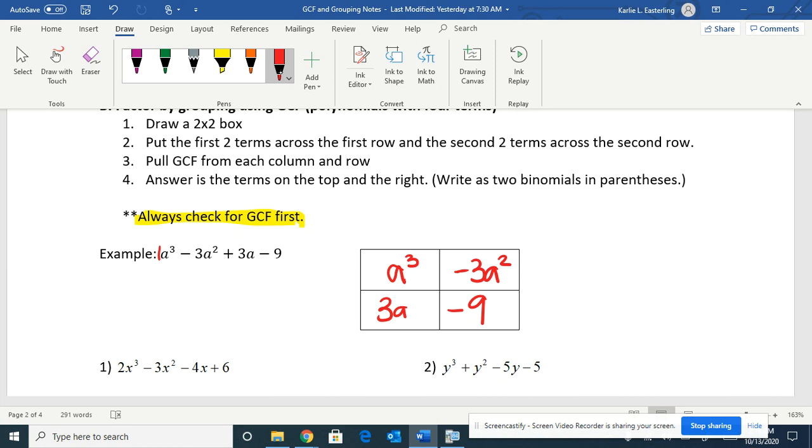So for the next step, you're going to pull out a greatest common factor from each column in a row. So if we're looking at this column first, is there a greatest common factor between a cubed and 3a? Hopefully you recognize that you can pull out an a of both of those. And then let's go ahead and look at this column as well.